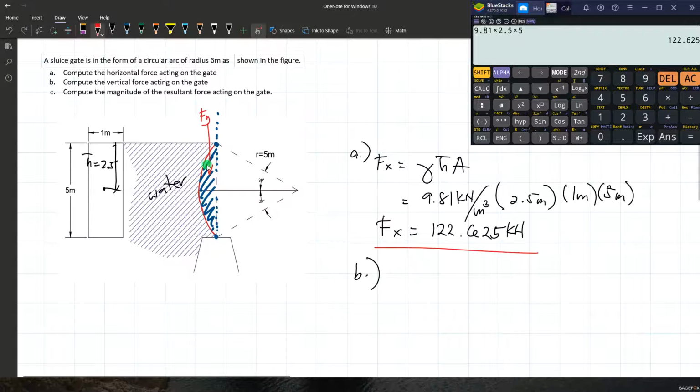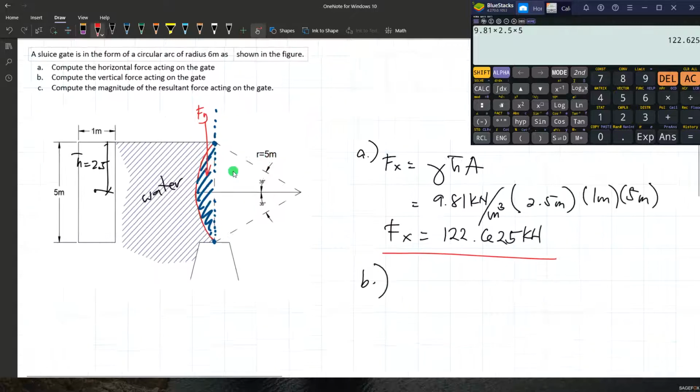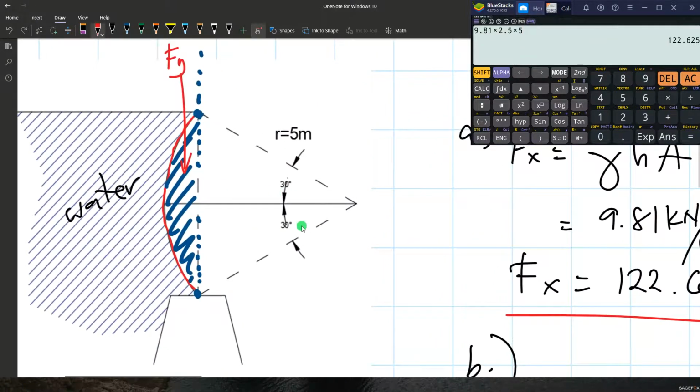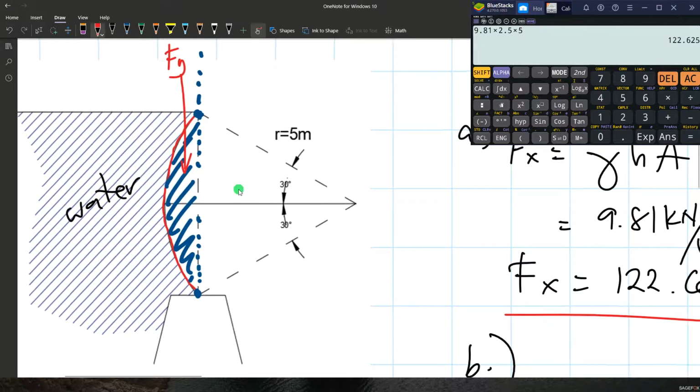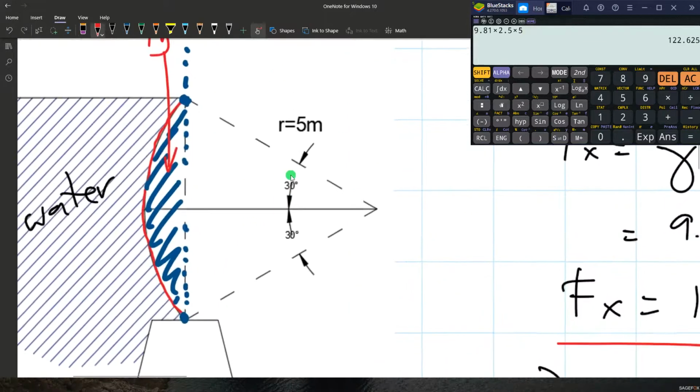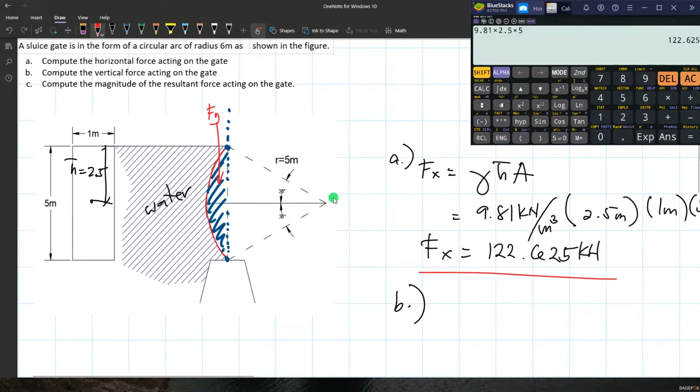So this is just a segment of a circle. We have a given radius of 5 meters and a central angle of a total of 60 degrees, that's 60 degrees plus 30 degrees on each side.